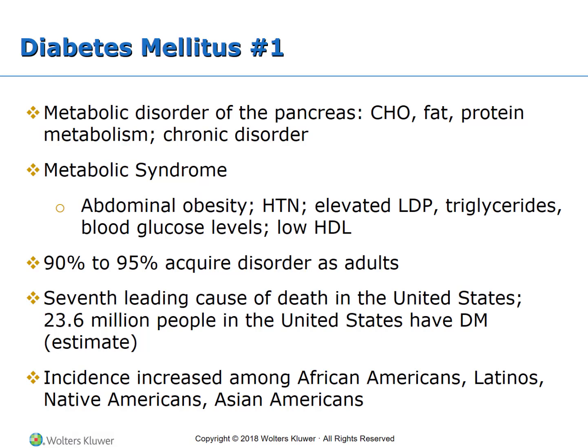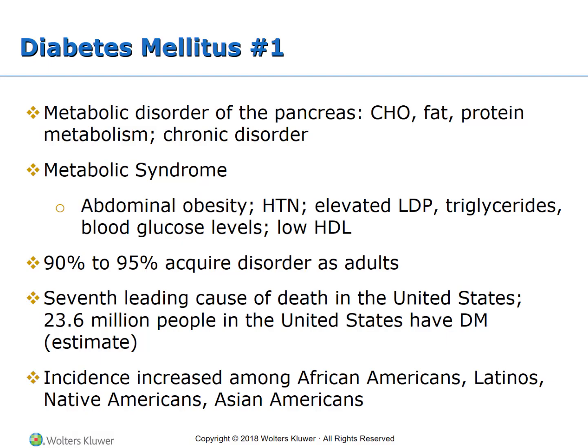A lot of experts believe that diabetes is a consequence of metabolic syndrome that includes several things, such as obesity, especially fat deposit in the abdominal area, high blood pressure, labs showing elevated triglycerides, low density lipoproteins, high blood glucose level, and also a low high density lipoprotein level. As scary as it is, approximately 90 to 95% of adults actually acquire this disorder.